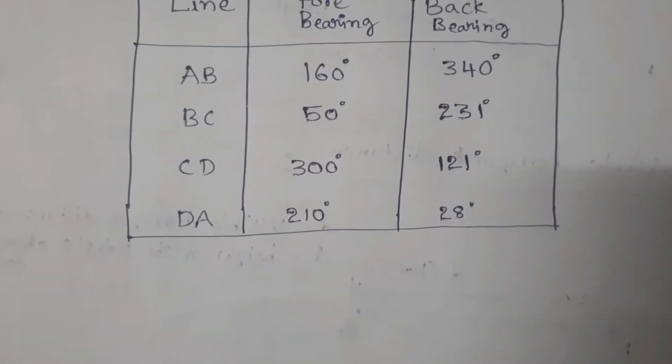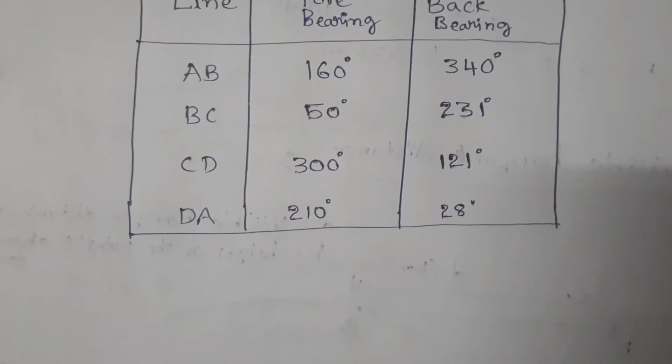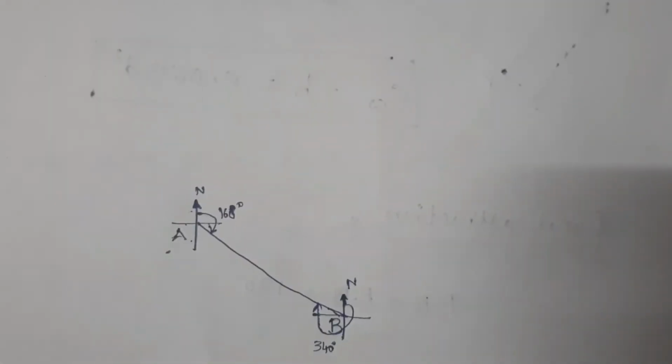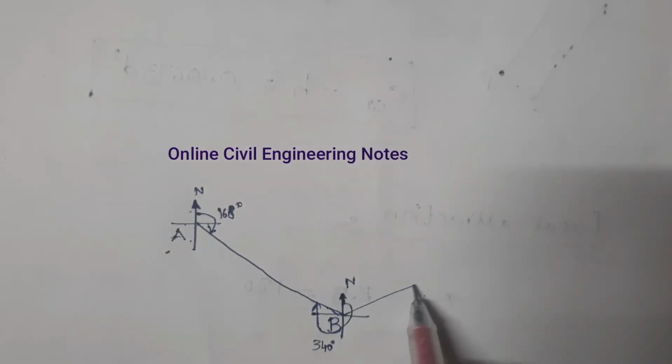Next one, BC line is having forebearing of 50 degrees and back bearing of 231 degrees. 50 degrees means it comes in this quadrant.